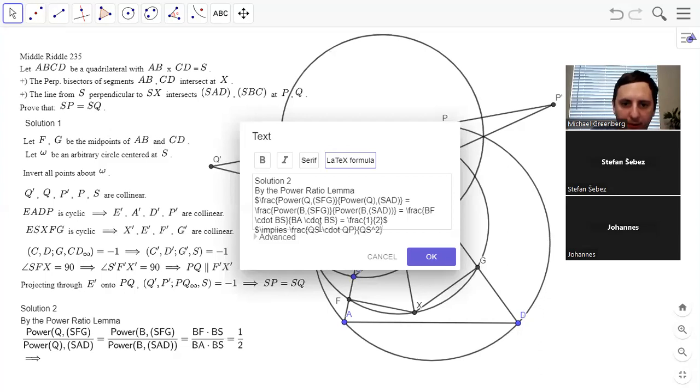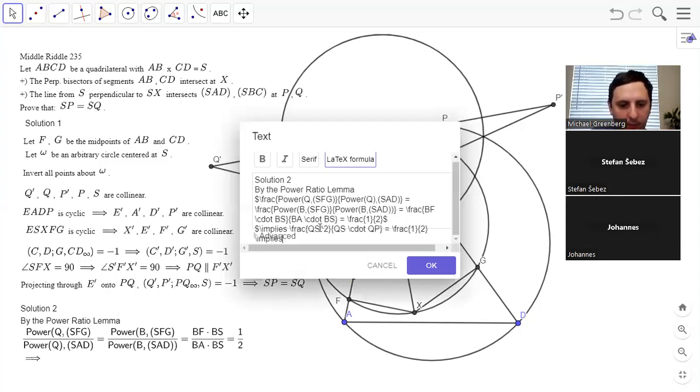Or I think the other way, right? QS squared over QS times QP equals a half. And that means that SP equals SQ.